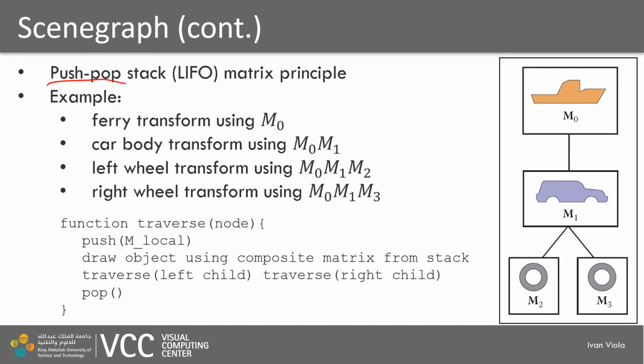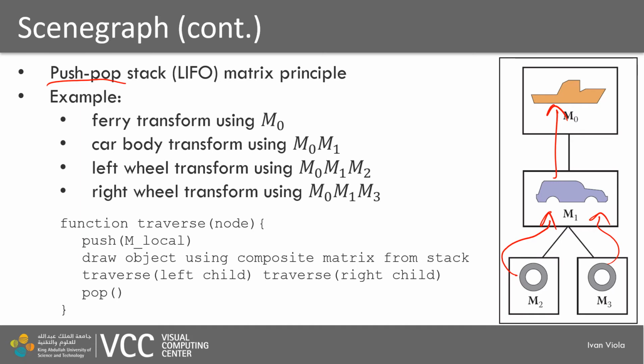So we can now have a look at this example, which is shown here. This example shows a car which is having two wheels, and this car is also located on the ferry. And for the ferry, we only have one transform.